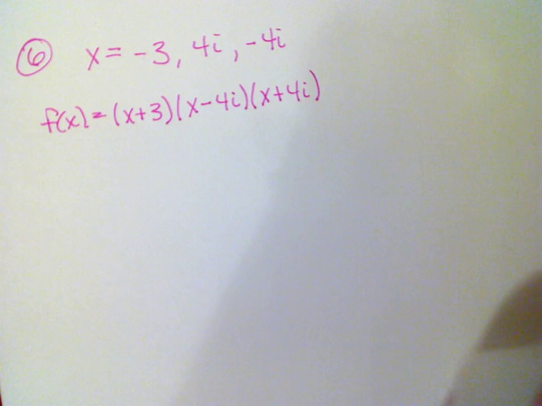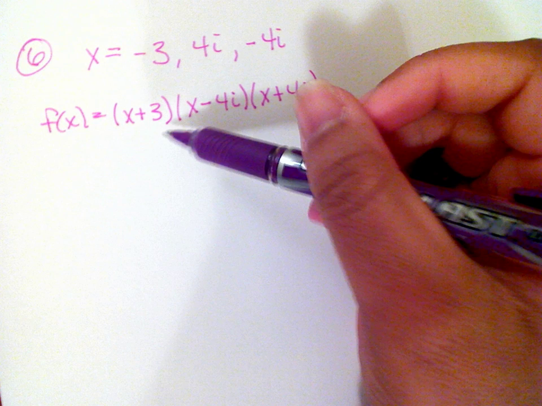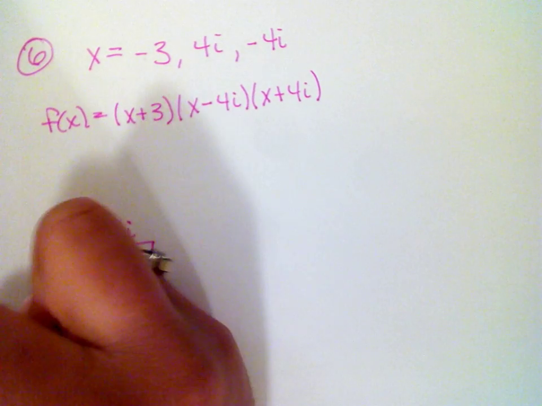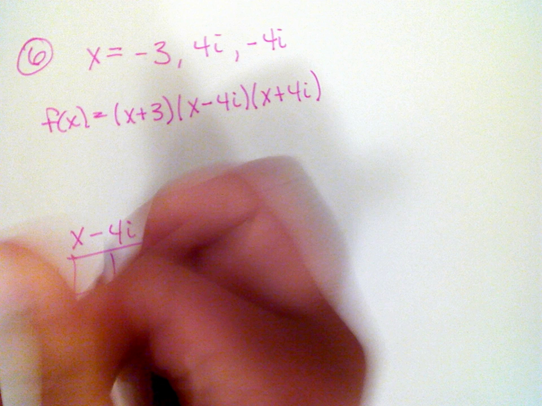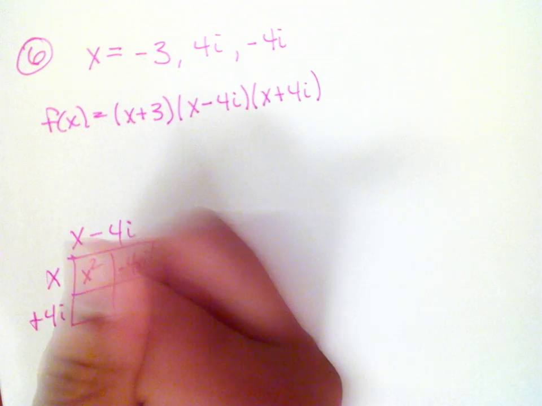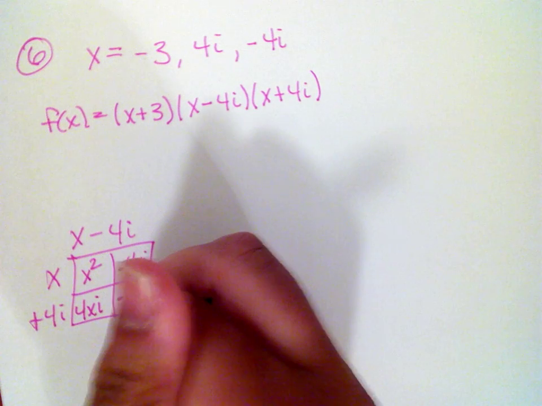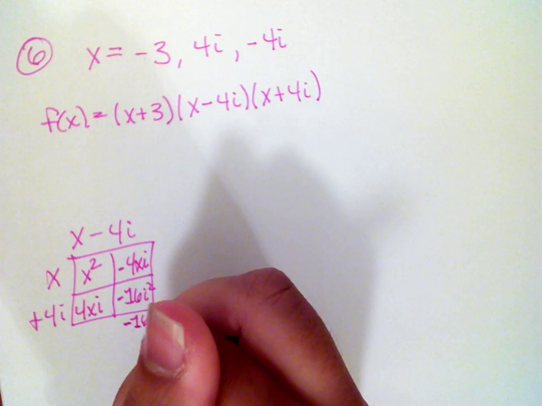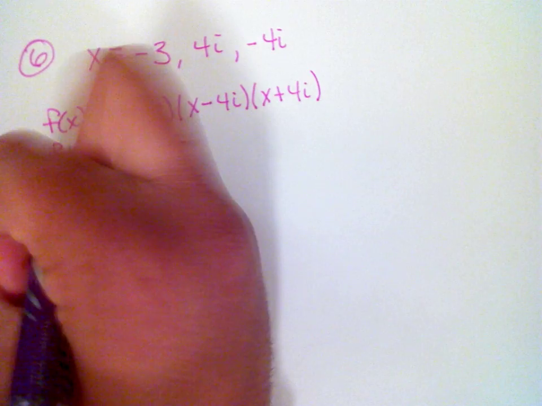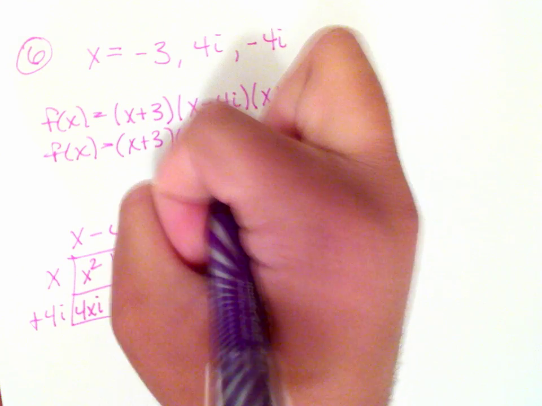Now I'm going to multiply the two imaginary factors together first, and then multiply what I get by the factor x plus 3. So x minus 4i times x plus 4i, we get x squared, negative 4xi, positive 4xi, negative 16i squared. But negative 16i squared simplifies to negative 16 times negative 1, which is positive 16. So f of x equals the quantity x plus 3 times the quantity x squared plus 16.